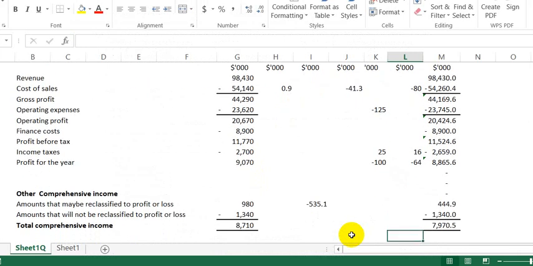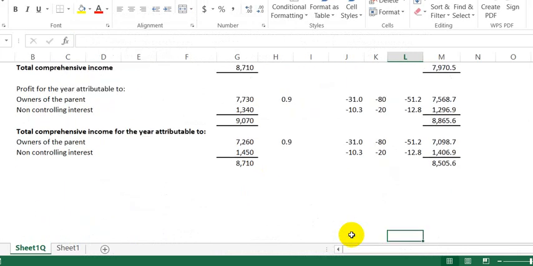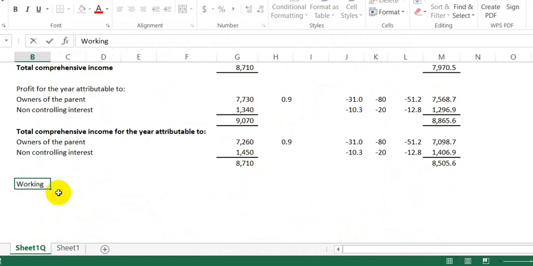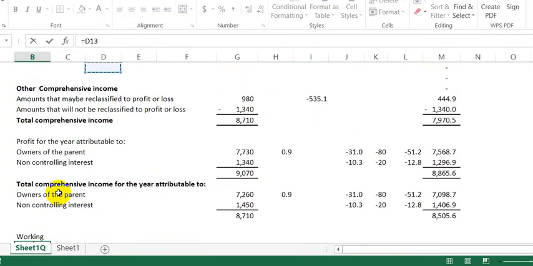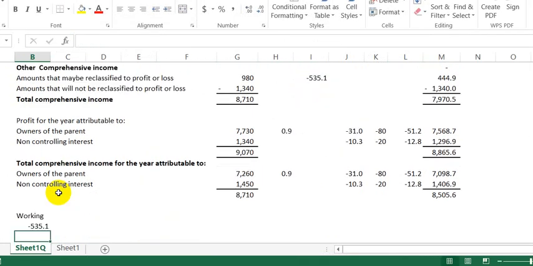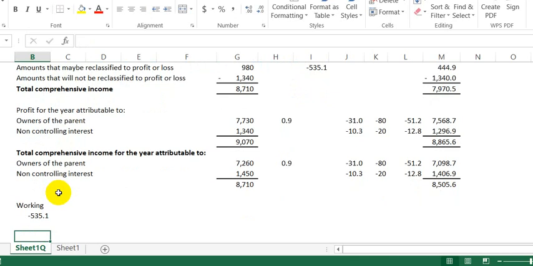So we need to do a working. So we bring that figure there. We take out goodwill. Remember, goodwill I think was like 53.